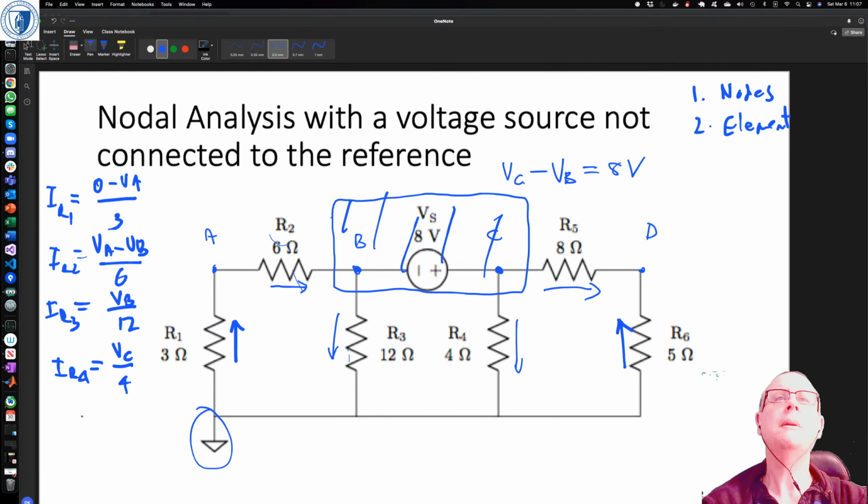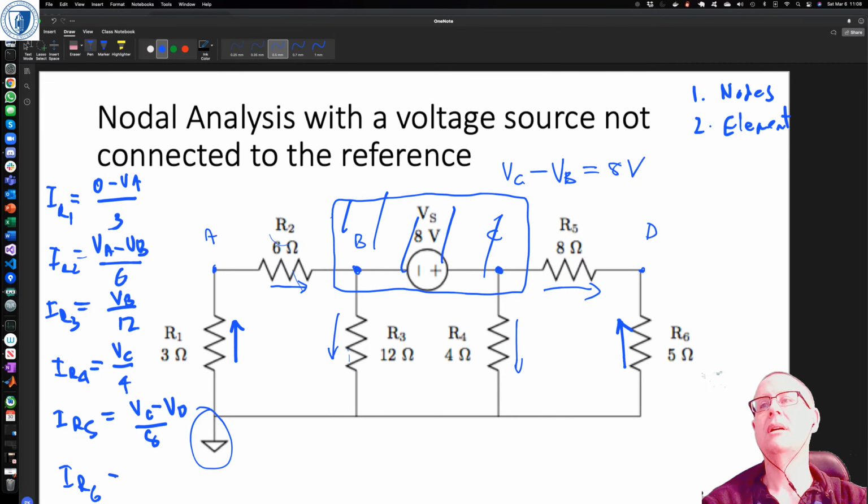Yeah, is there a question? And IR5 is going to be VC minus VD on 8. And IR6 is bucking the trend, and that's going to be 0 minus VD on 5.